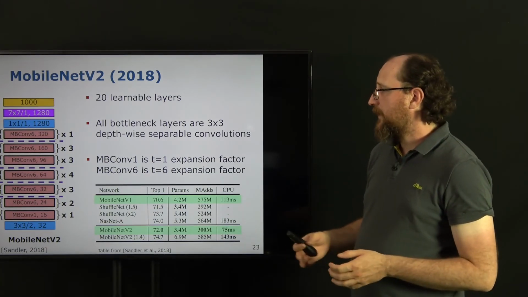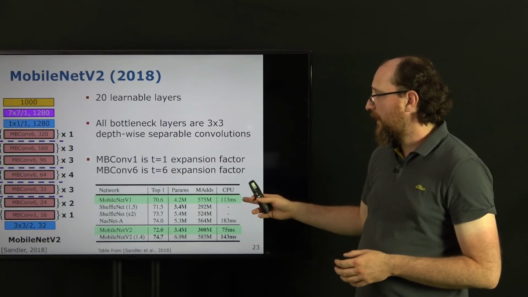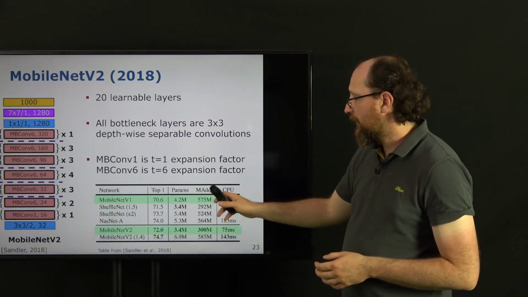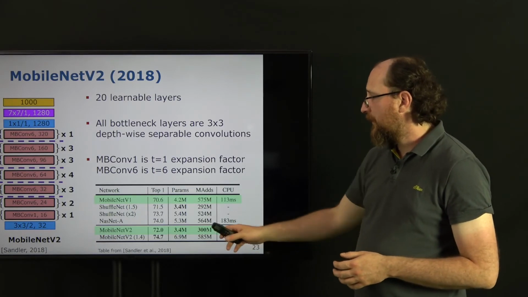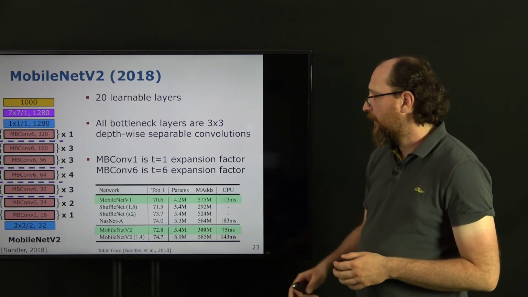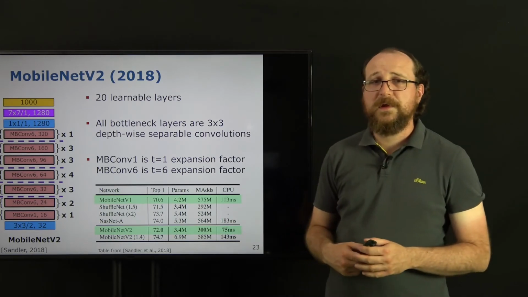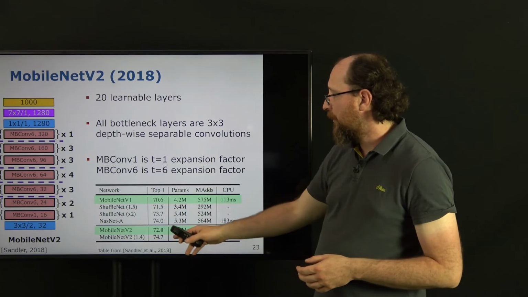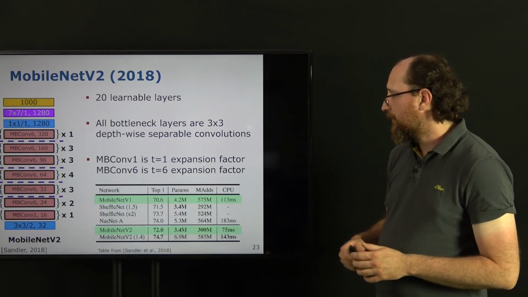And the interesting part is now when we look at the results, when we compare this to the MobileNet, which was already very efficient in the number of parameters and the number of operations that we are applying. In MobileNet version 2, this number of operations is drastically reduced to 300 million instead of 575 million. And what was also good is that we achieve much better performance than the MobileNet, 72% top 1 accuracy in the end.